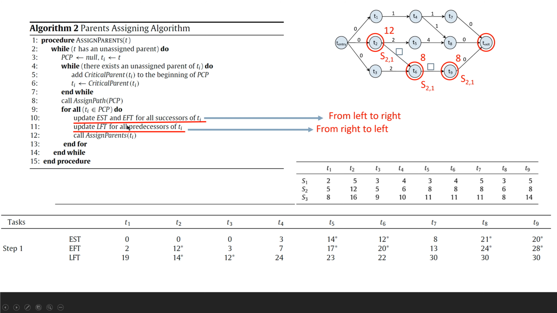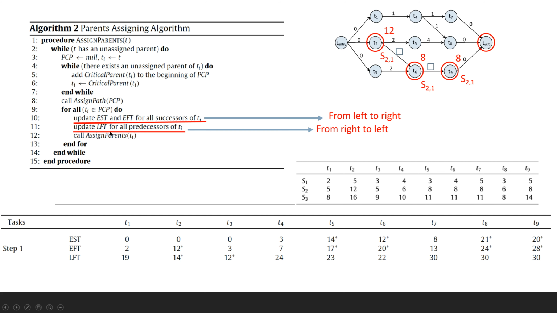After we assign the PCP, we will know which type of service or virtual machine we assigned to this PCP, so we can update the actual finish time, actual start time, and LFT for each of these tasks. Also, we will update the EST and EFT for all successors of TI.